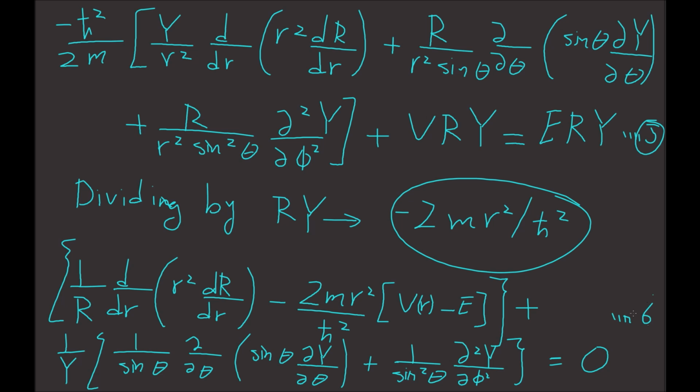The reason we did this is a method. This method is called separation of variables. So we separated the r variable, this is the first piece here, from the angles variable, the Y. Y is in terms of theta and phi.